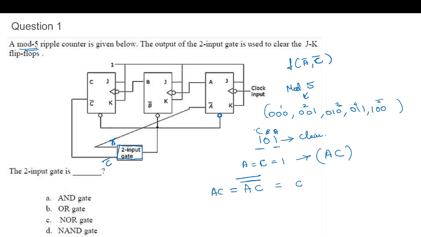So this will be C bar plus E bar. One inversion I am removing because it's already in this inversion. So it's C bar plus E bar. And already we are applying C bar and E bar. So this gate should be an OR gate.